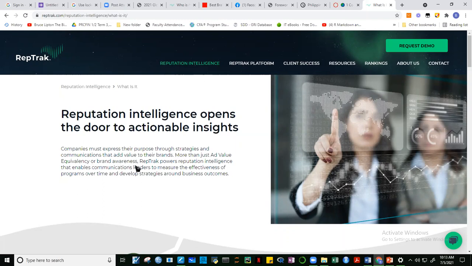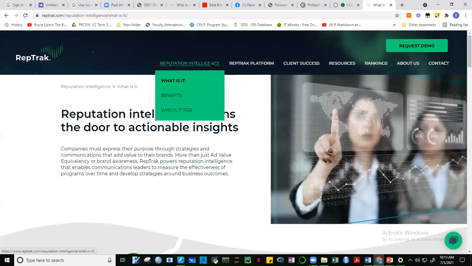Or brand awareness, RepTrack powers reputation intelligence that enables communication between leaders to measure the effectiveness of programs over time and develop strategies around business outcomes. Okay, so this is a service provided by this company, RepTrack.